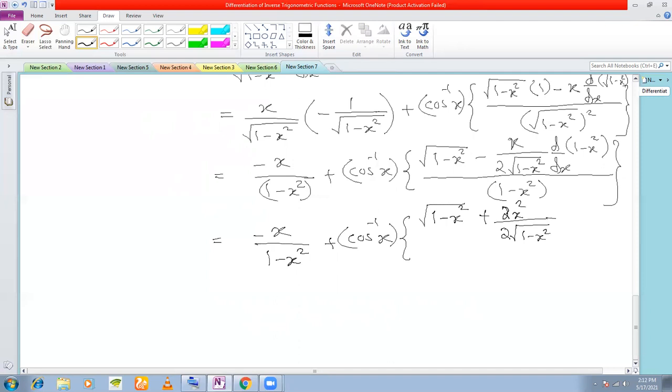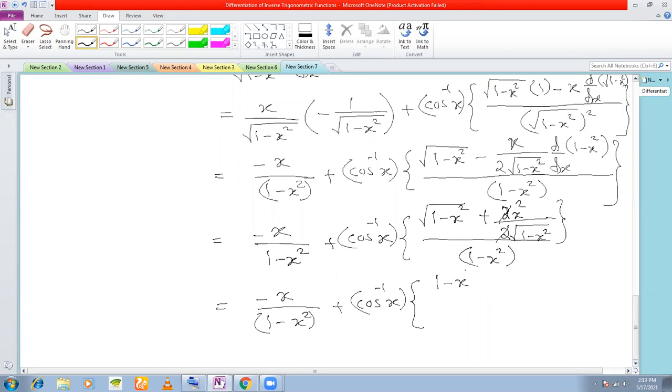So this 2 and this 2 will cancel, and the whole thing is divided by 1 minus x square. So now only simplification is left. So minus 1 by 1 minus x square you have here, plus you have cos inverse x, right? And you take LCM in the numerator, you get 1 minus x square plus x square. And you have root 1 minus x square in the denominator, it will go down. You get 1 minus x square into root 1 minus x square.